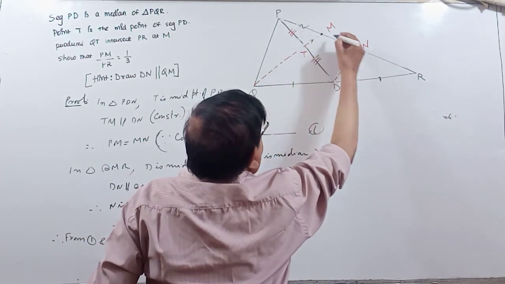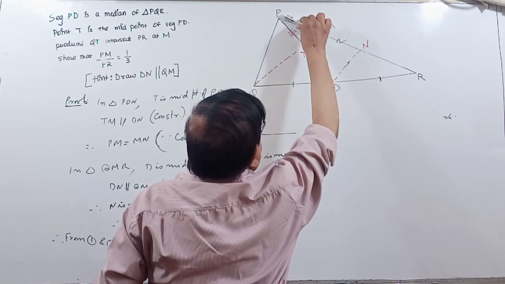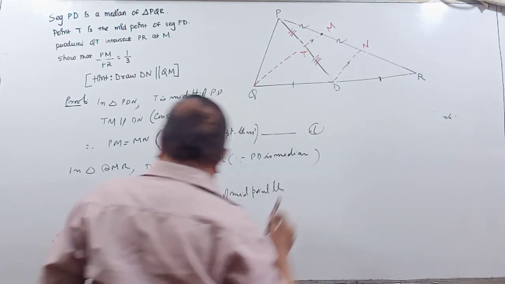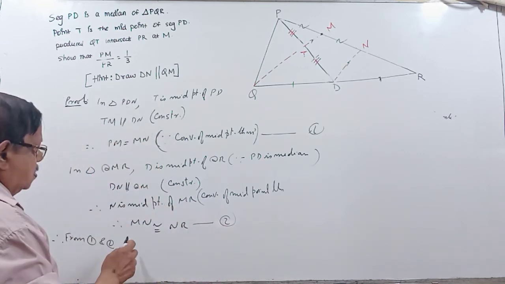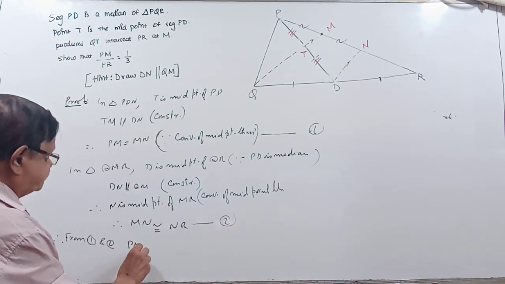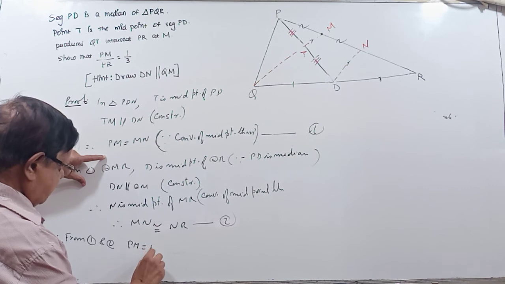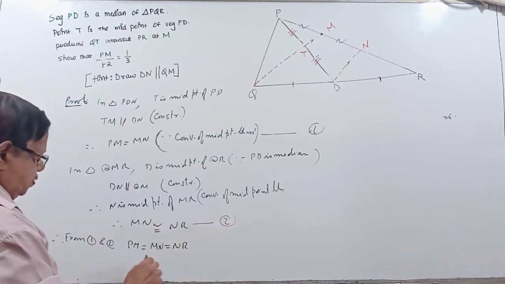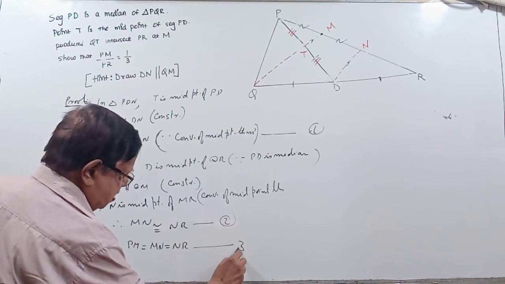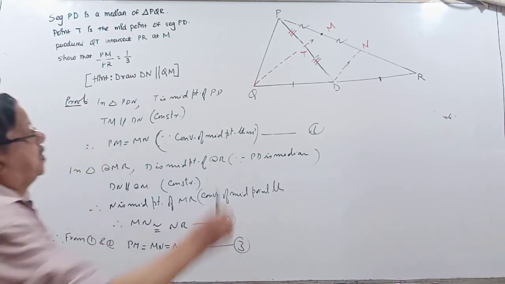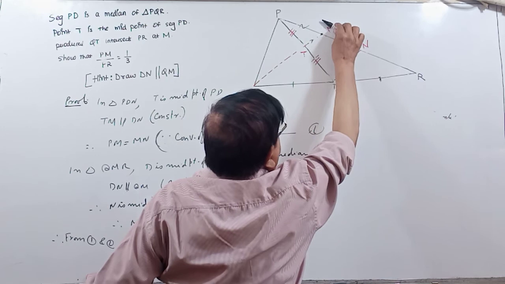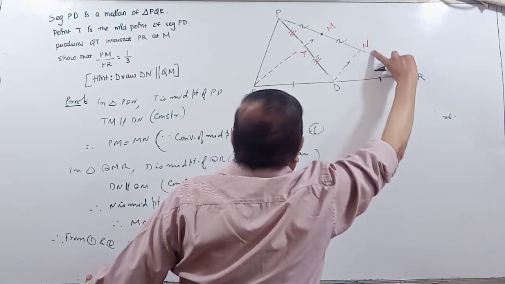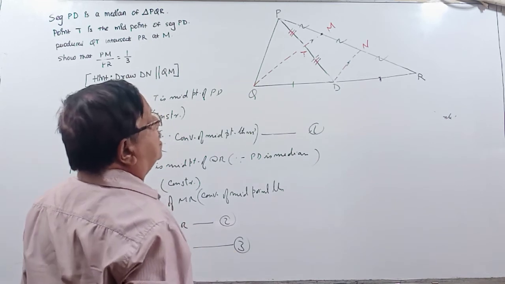Therefore, PM equal to MN equal to NR from 1 and 2. This is statement number 3. This is equal to this equal to this.